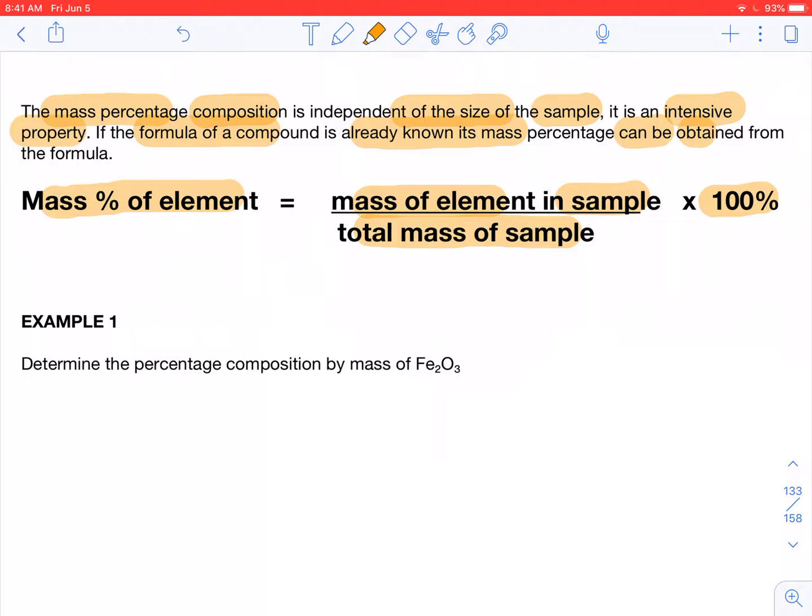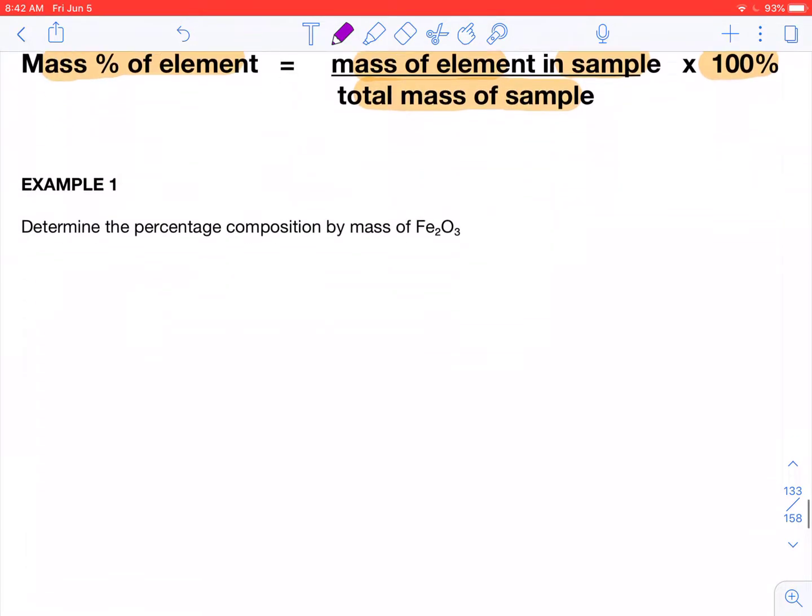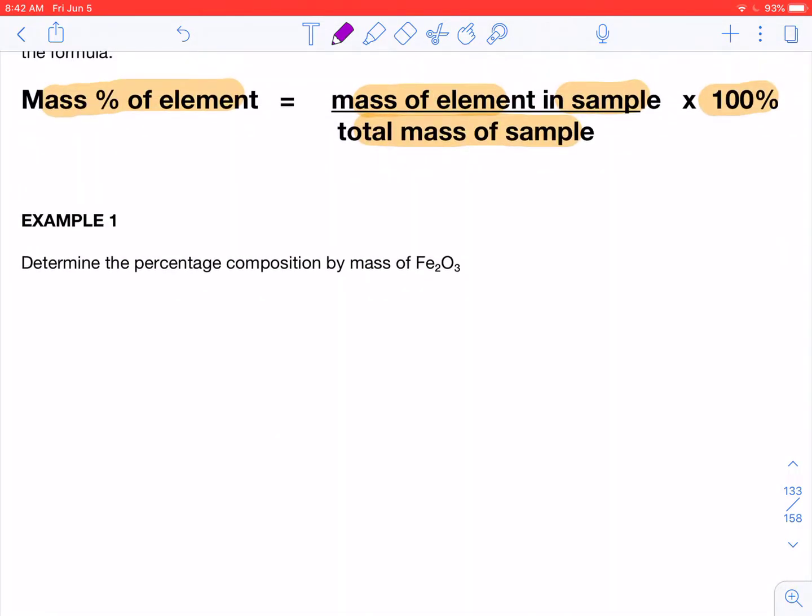So we want to know the relative percentages of these two. What do we do? Firstly, we determine the molar mass of this compound. So we say M of Fe2O3. What is molar mass?